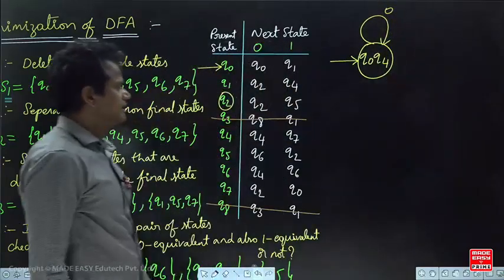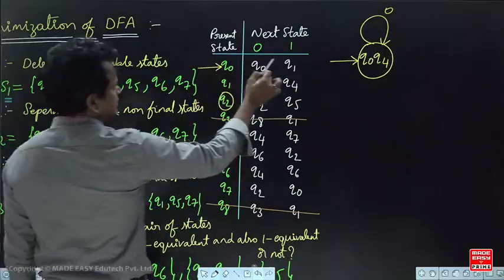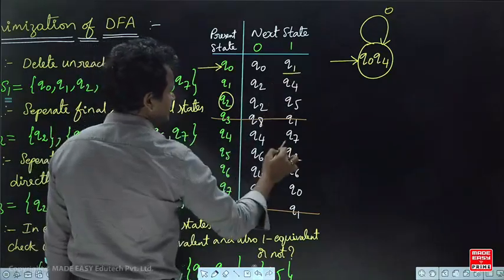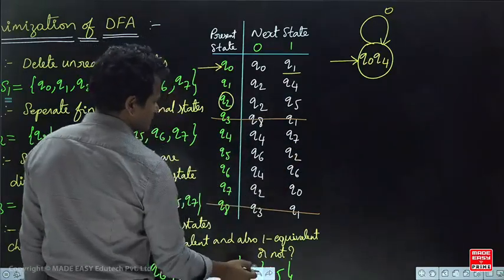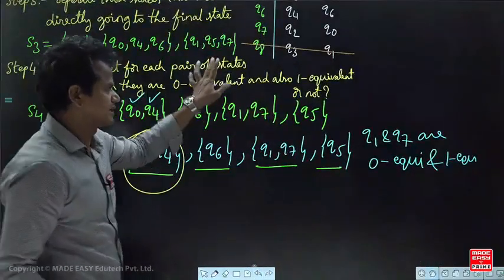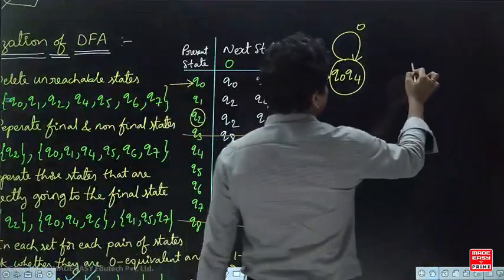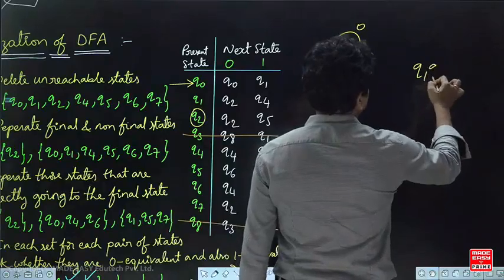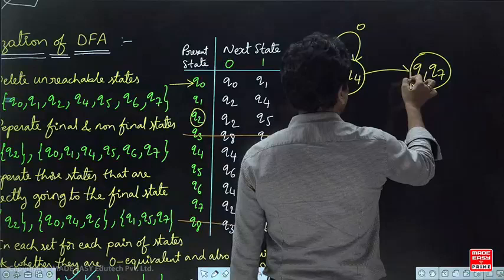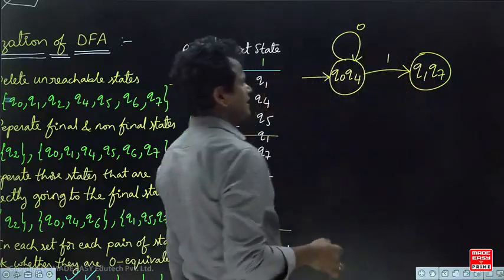Next, Q0 on 1, Q1. Q4 on 1, Q7. One is Q1, the other is Q7. So what is the combination? Q1, Q7. Yes, we got the same combination. Therefore, take Q1, Q7 here. So on 1, done.